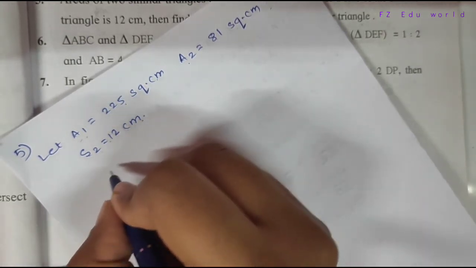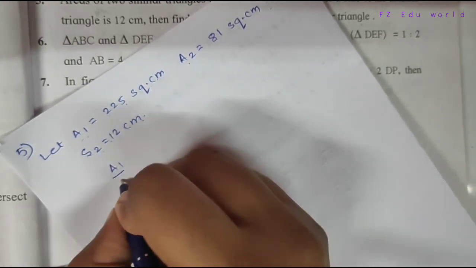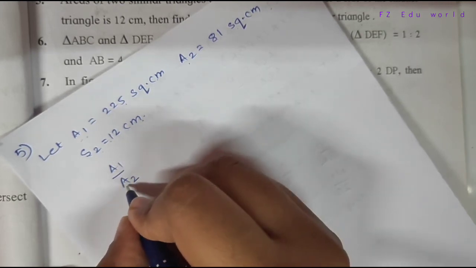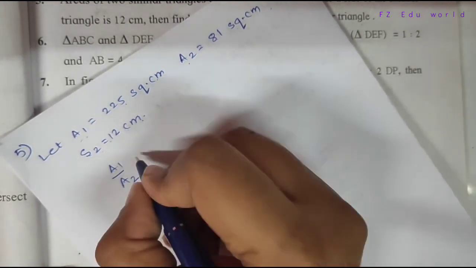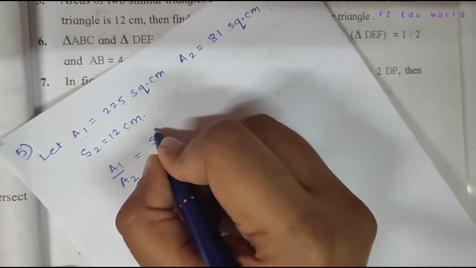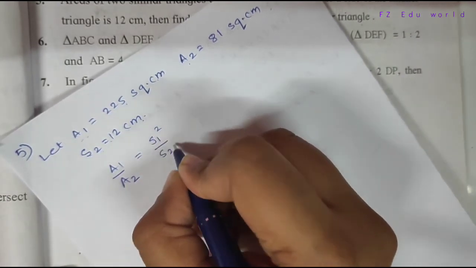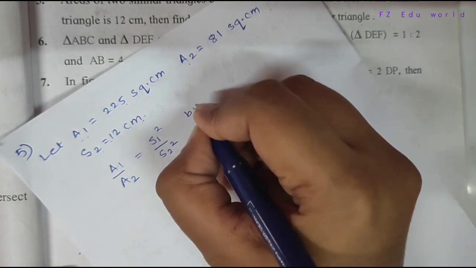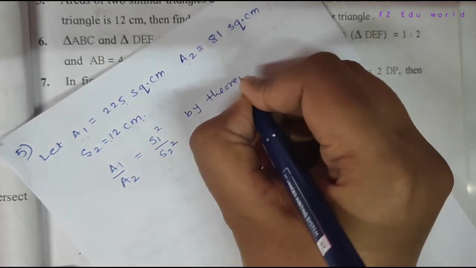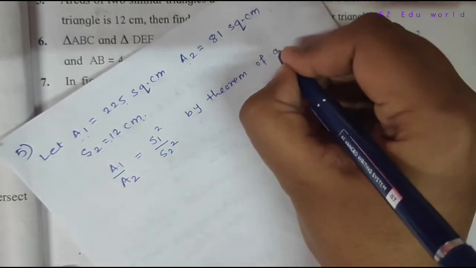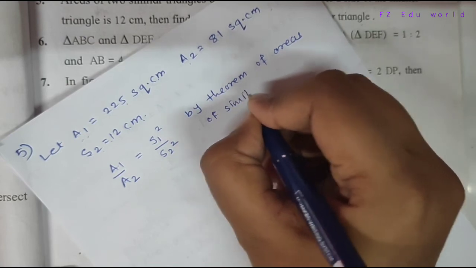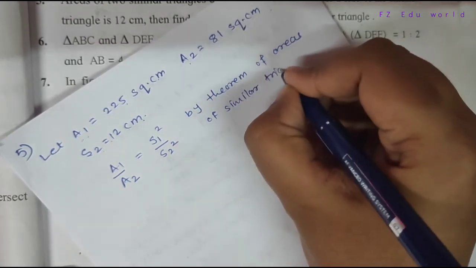Now A1 upon A2, that is area of first triangle upon area of second triangle, is equal to S1 square upon S2 square. Why? By theorem of areas of similar triangles.